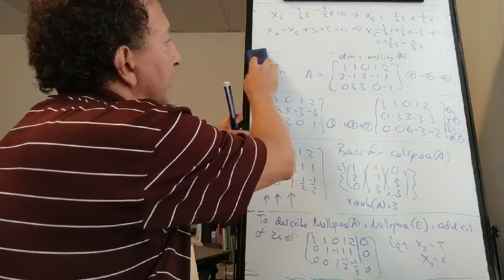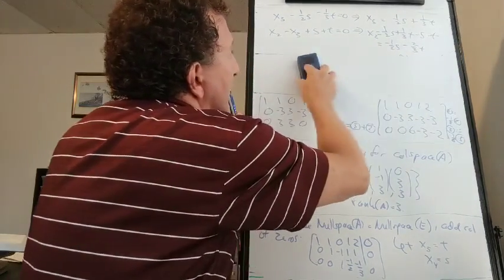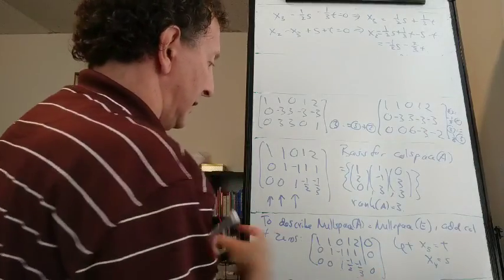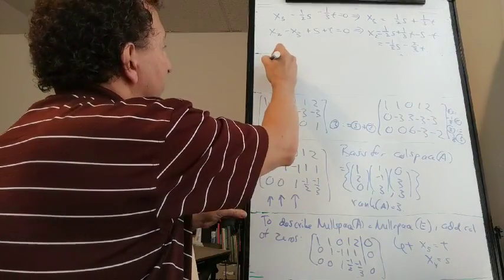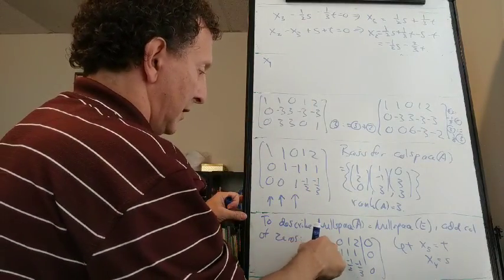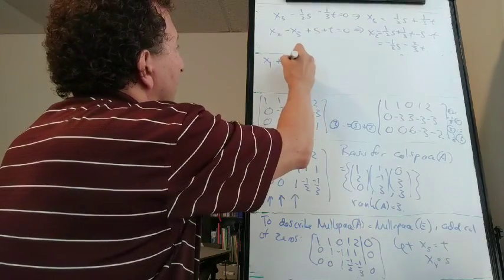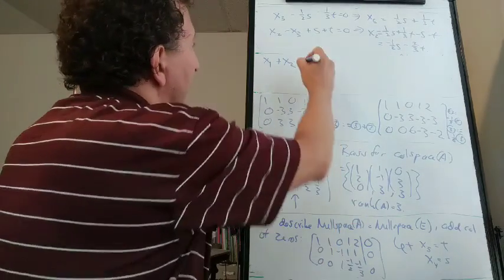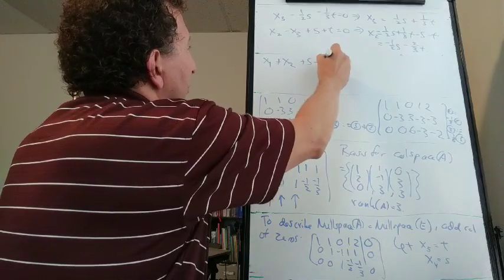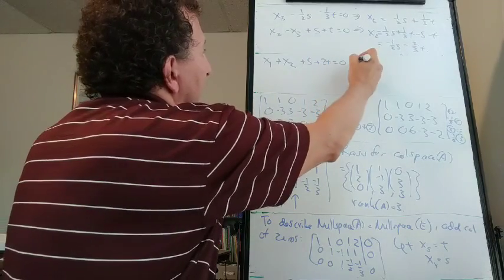And then the first equation tells us that x1 plus x2 plus s plus 2t equals 0.